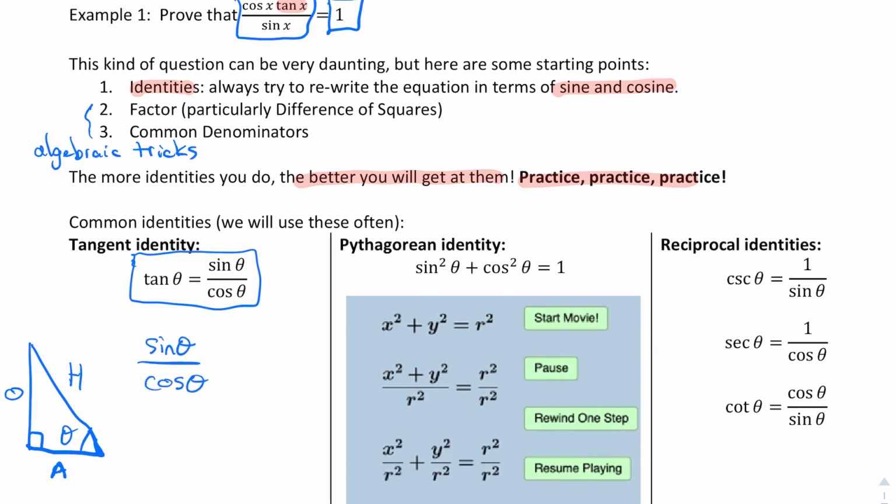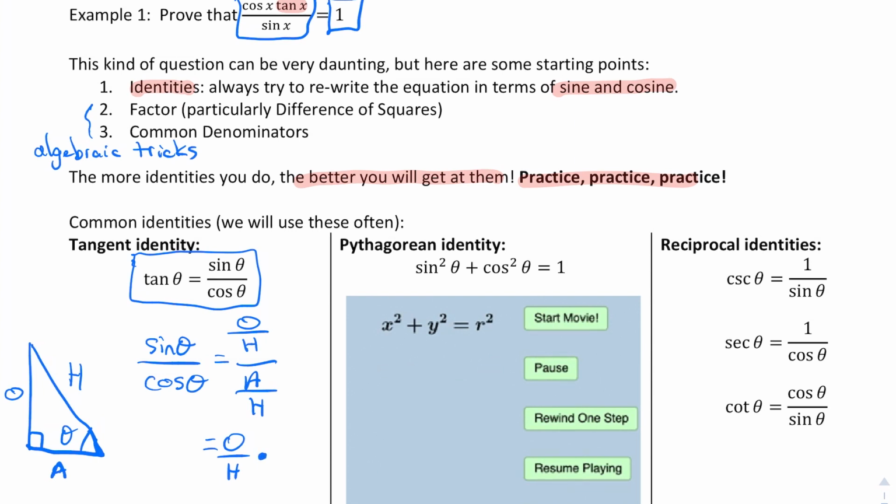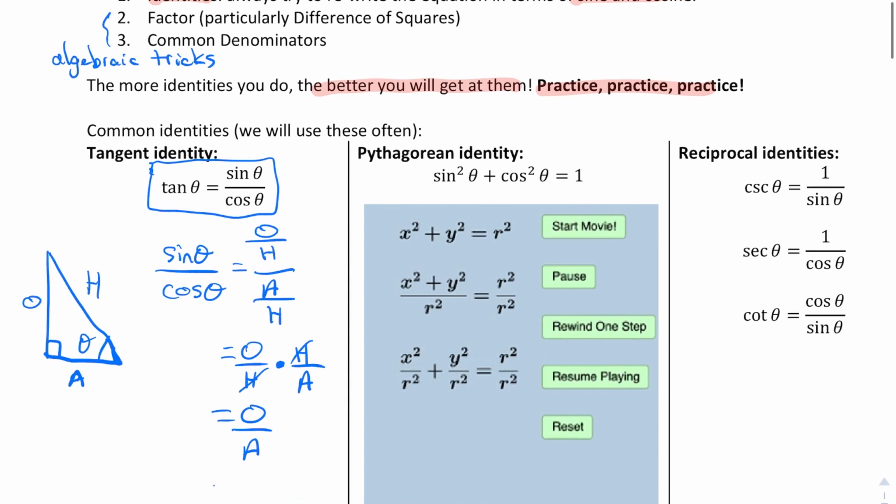Well, sine over cos: sine would be opposite over hypotenuse, cosine would be adjacent over hypotenuse, which in the end becomes O over H times H over A. So I flip the second fraction. What happens is I end up with just opposite over adjacent, which is in fact tan. So this is the tangent identity, also called the quotient identity.